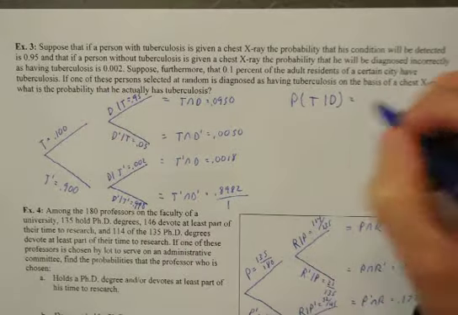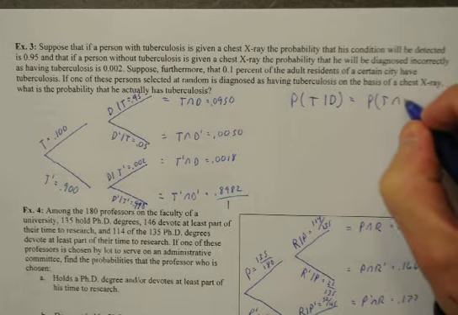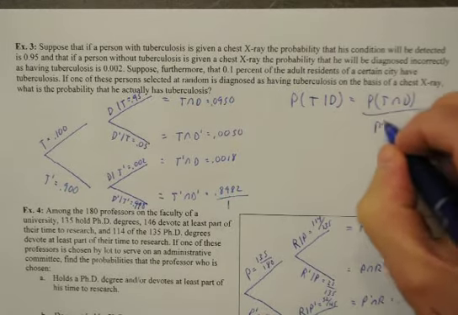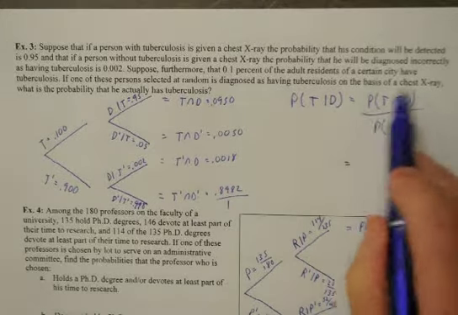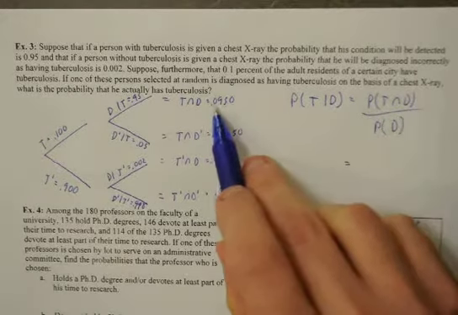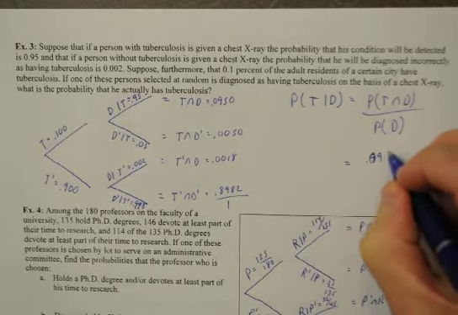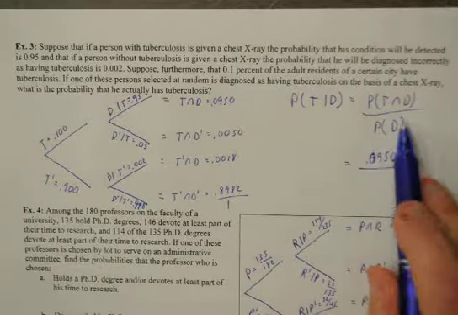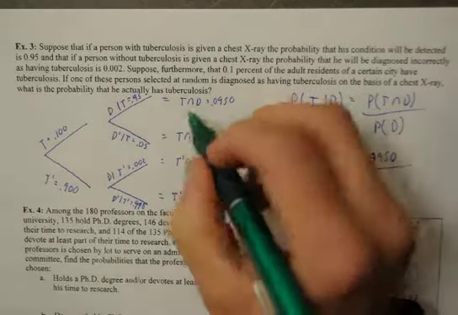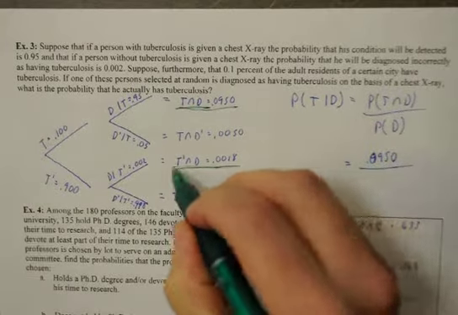So let's work through the formula for this. You do the probability of tuberculosis and diagnosed divided by the probability of diagnosed. For us, the numerator can be found right here, 0.0950. And for the probability of diagnosed, there are a couple of ways to end up diagnosed: you can have tuberculosis and be diagnosed, or you cannot have tuberculosis and be diagnosed.